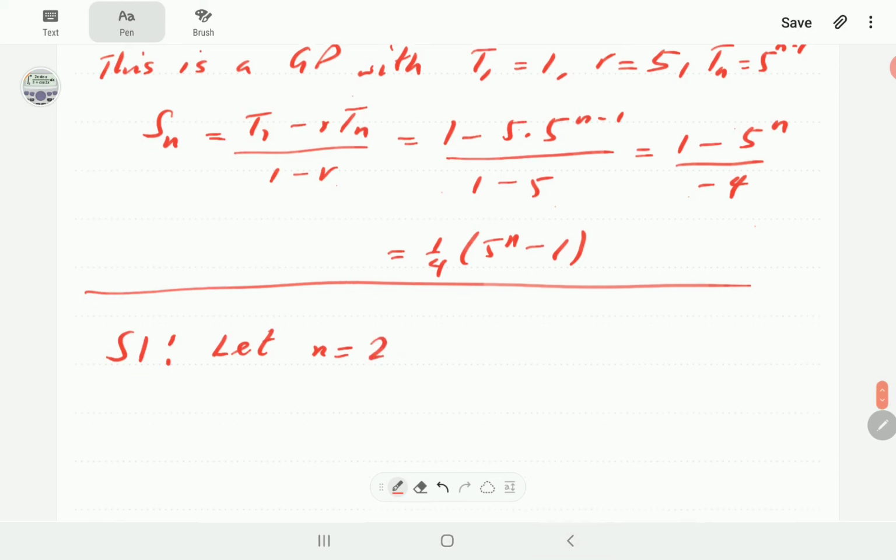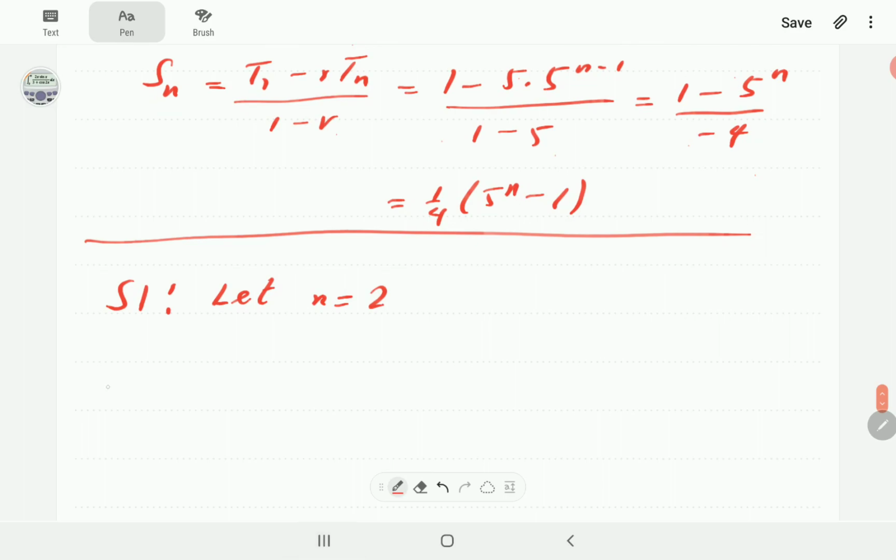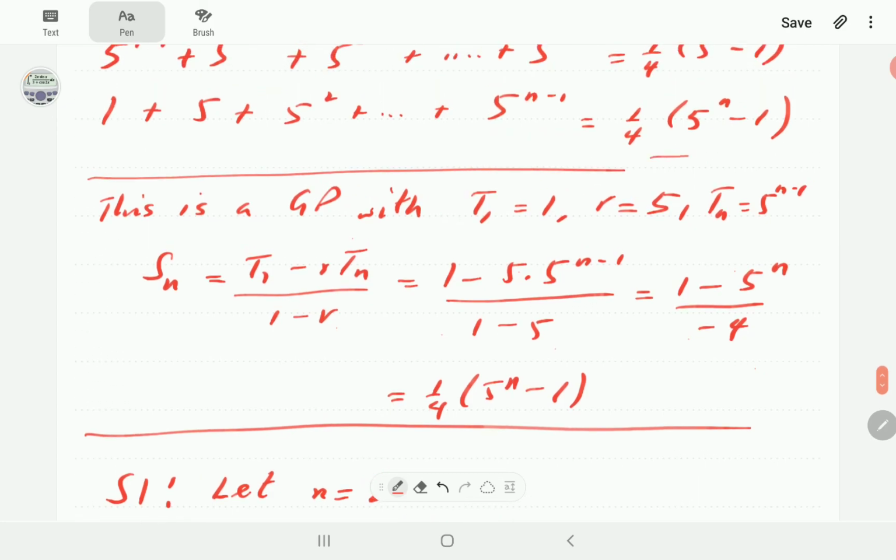So it means on the left hand side we're going to have two terms. So it's going to be 1 plus 5 gives us 6. On the right hand side, just plug in n equal to 2 into that formula there.